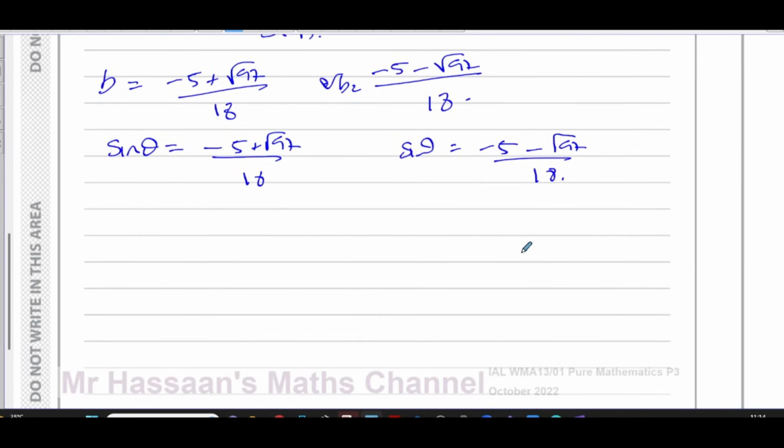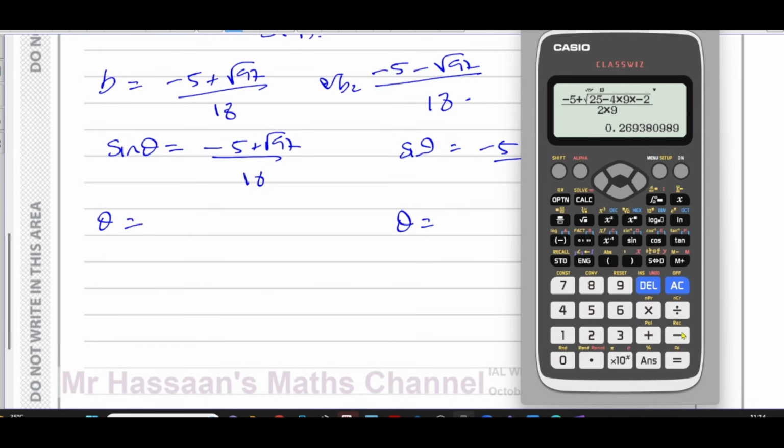So now we're going to say theta equals inverse sine of this, and for the other, theta equals inverse sine of that. Let's take this one first. So I'm going to press inverse sine. Before I do that, I'm going to change it to degree mode, because we have to do degrees here.